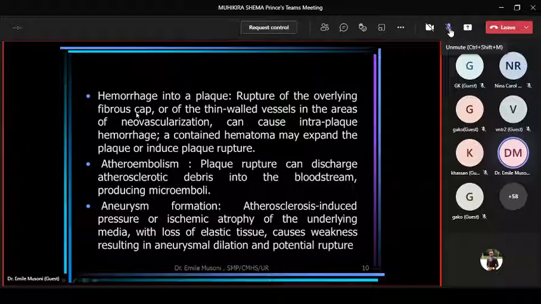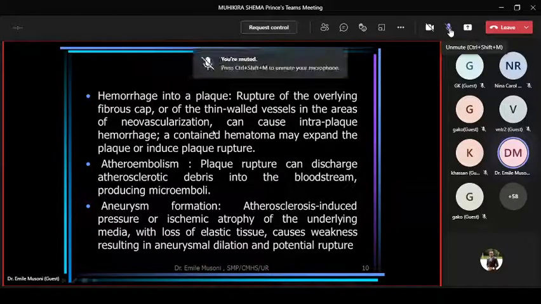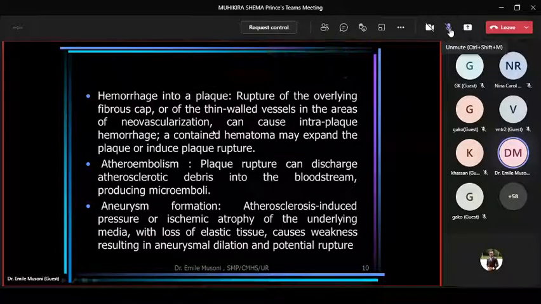There are thin-walled vessels in the area of neovascularization. This can cause intraplaque hemorrhage and contain a hematoma, which may spread in the plaque and induce plaque rupture. So in summary, atheromatous plaques can cause rupture of the blood vessel and cause hemorrhage.